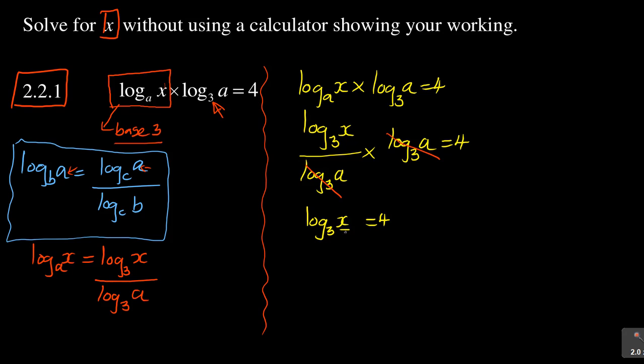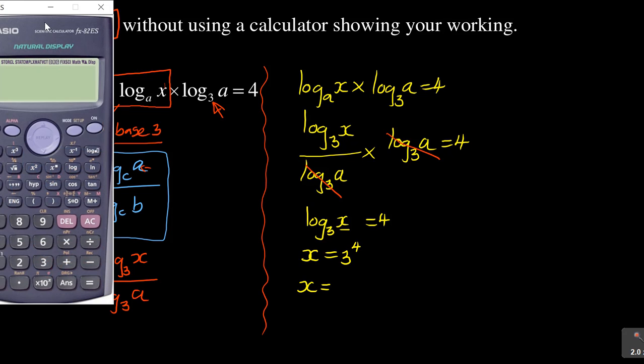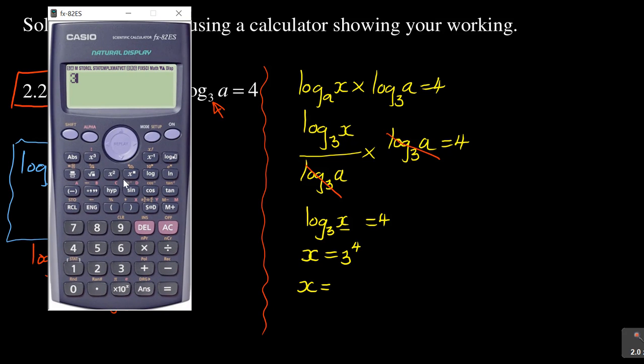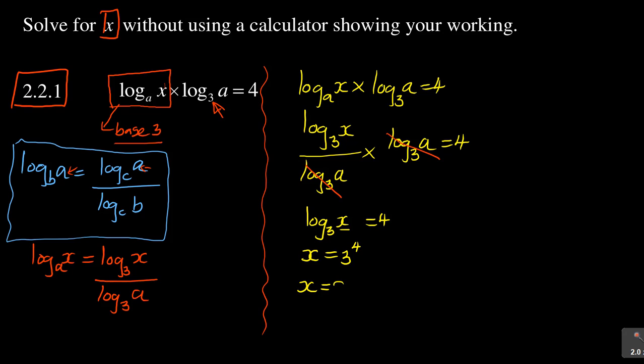It means this x is equal to that base, 3, and that 4 becomes an exponent, which is 3 to the power 4. So x is equal to 3 exponent 4, which simplifies to 81. So our value of x here is equal to 81.